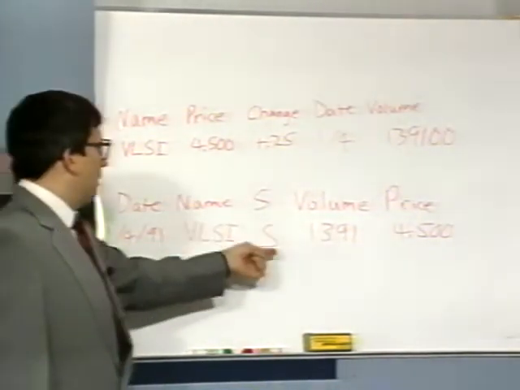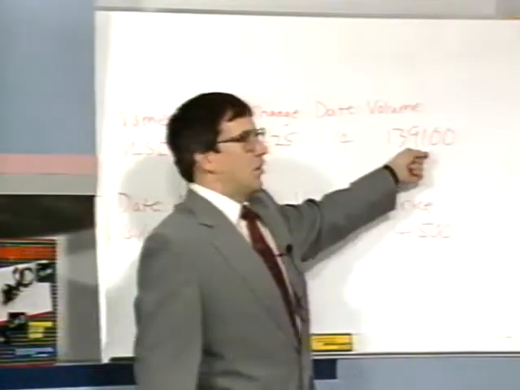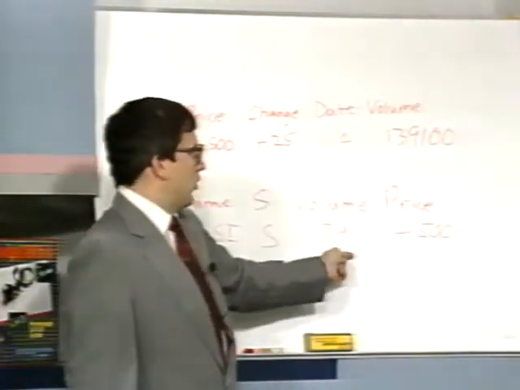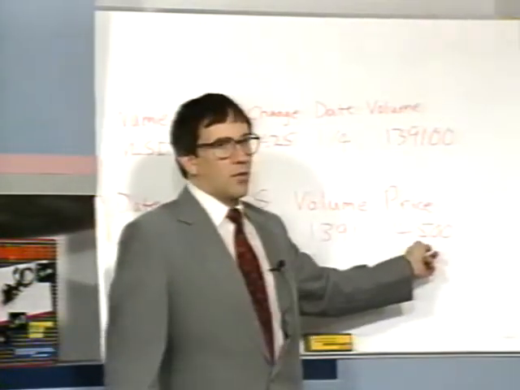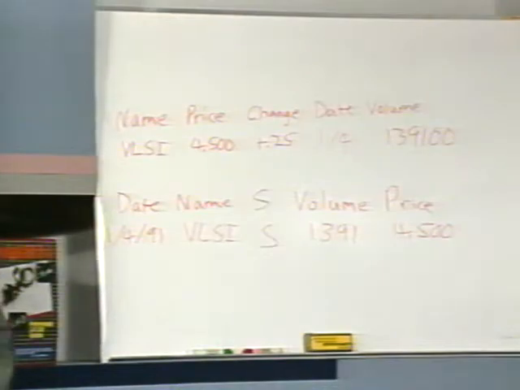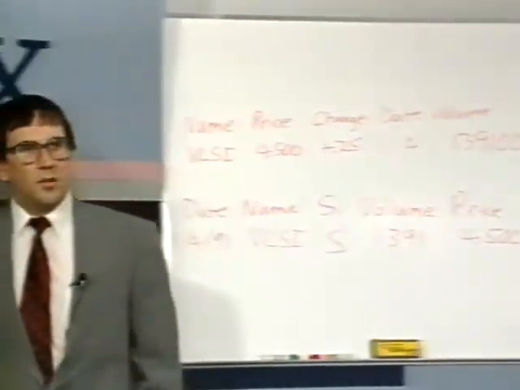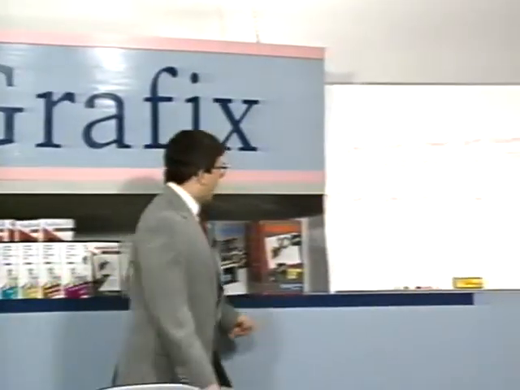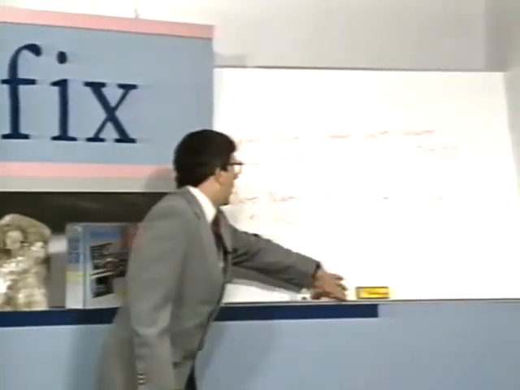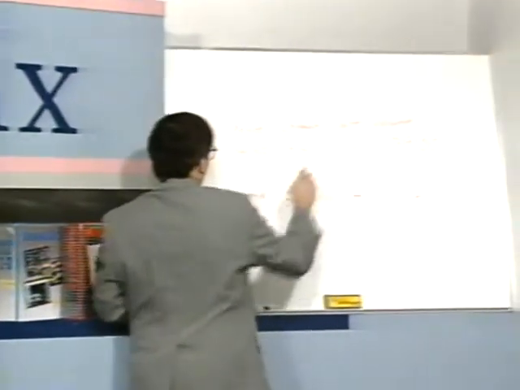Then the stock name, the letter S, a volume, which we have here, except we need to divide the volume by 100. And then the price, which is the same. The data needs to be reorganized, and 2 fields, the date and the volume, need to be modified. Not every field will be converted. For example, we don't need the change.